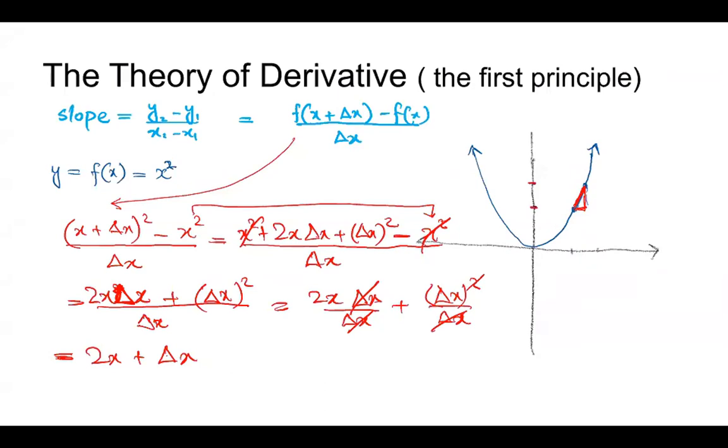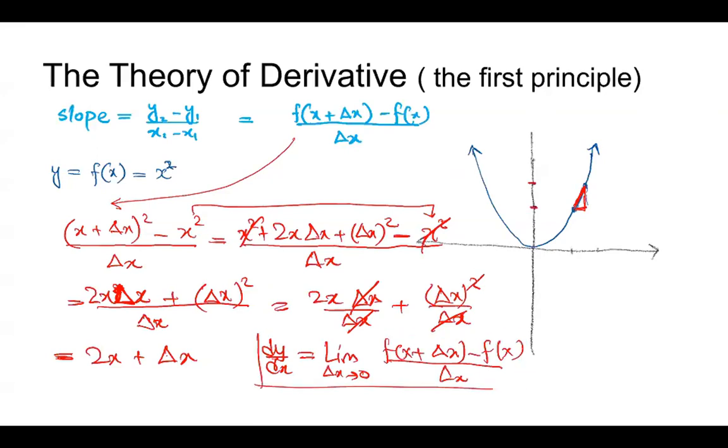So what I will be doing is simply applying the limit. If you remember, we defined the derivative this way: dy over dx is the limit as delta x goes to 0 of f of x plus delta x minus f of x over delta x. That means we simply have to apply the limit here, delta x goes to 0, and then it becomes the derivative.